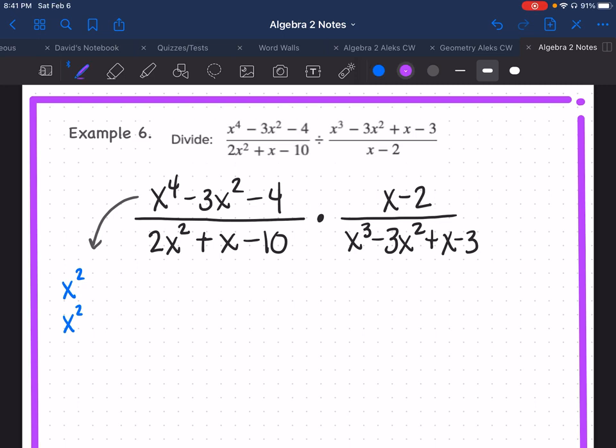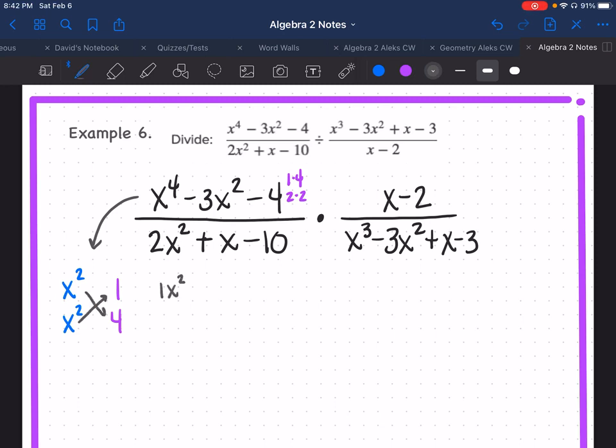Negative 4, I could think of as 1 times 4 or 2 times 2. Let's see, 2 plus 2 is 4, not 3, and 2 minus 2 is 0, once again, not 3. So I think I'm going to use 1 and 4 because I think that they're going to help me when I crisscross multiply.